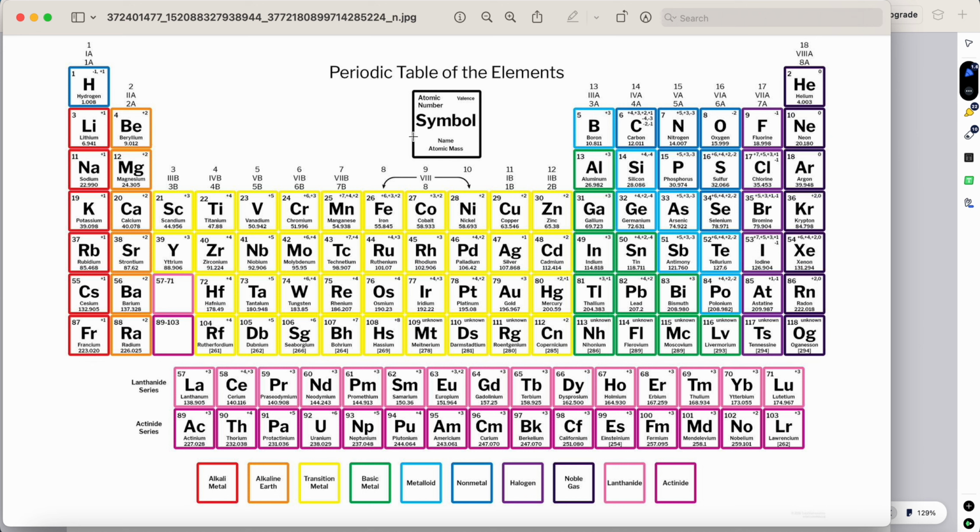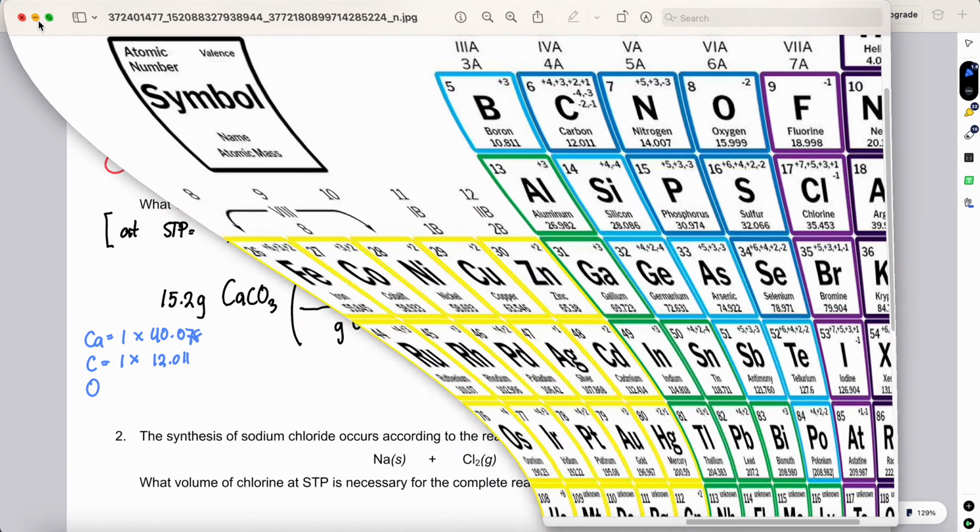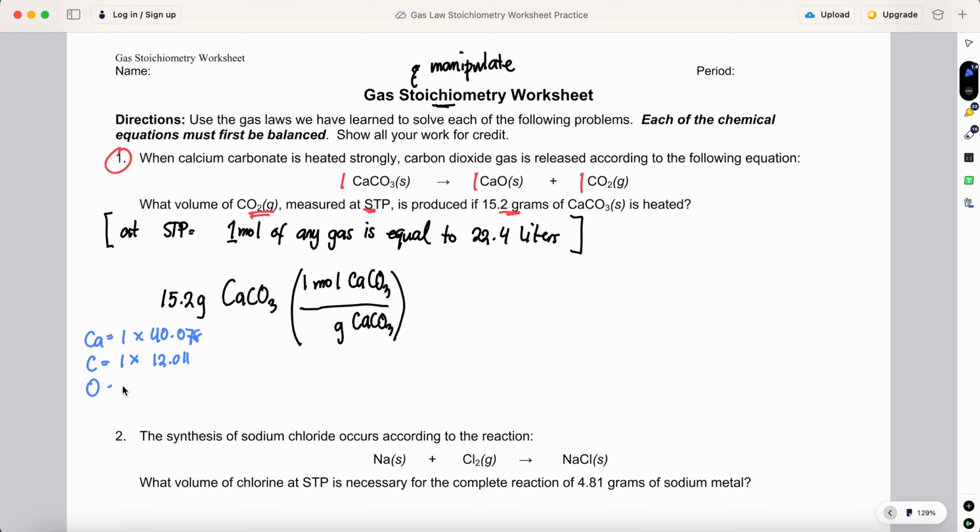And oxygen has 15.99. If you check here, its atomic mass is 15.9. And there are 3 atoms of oxygen. So you get the product of all of this and then sum it. The result would be 100.1 grams.